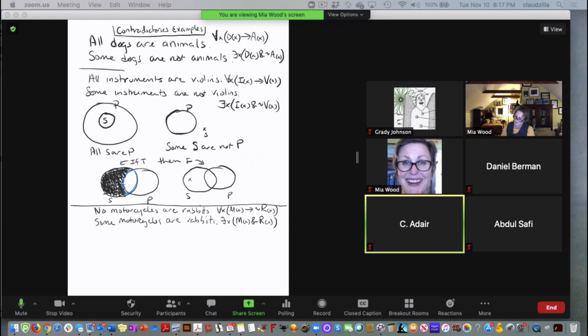And now another pair, this time with a false universal negative, but a true particular affirmative. So it's false to say that no dogs are pit bulls. Some dogs are pit bulls.